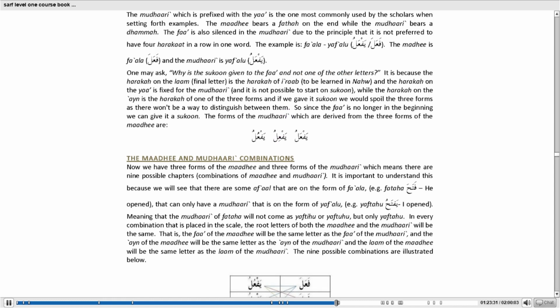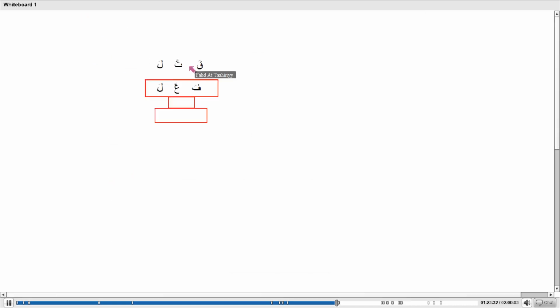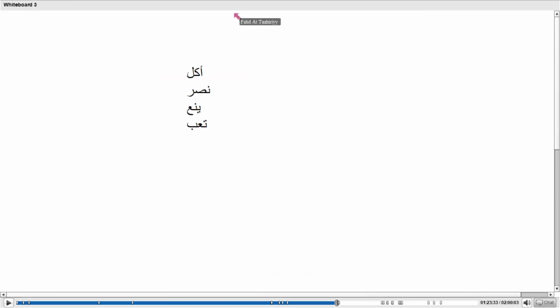Okay, you're confused. Usually in the beginning I really broke it down, so inshallah, let me do it for you here. Now, how many forms of the madi do we have? Three, right? What are they?